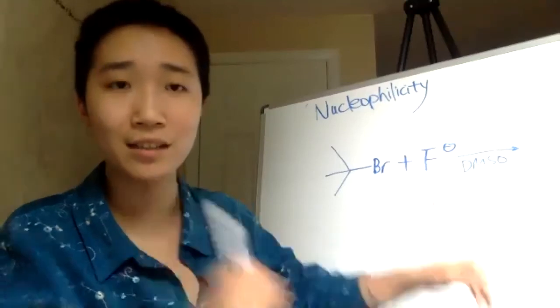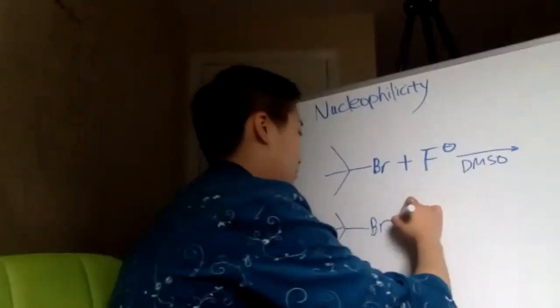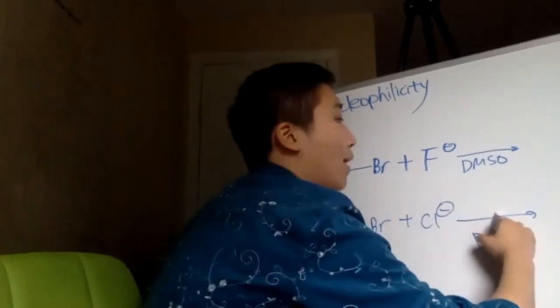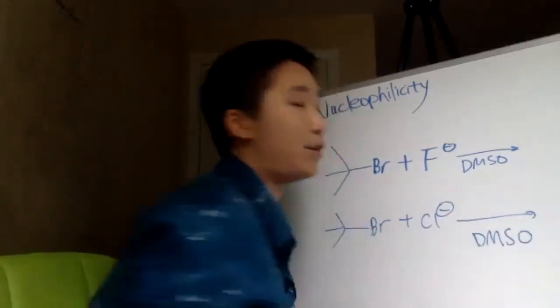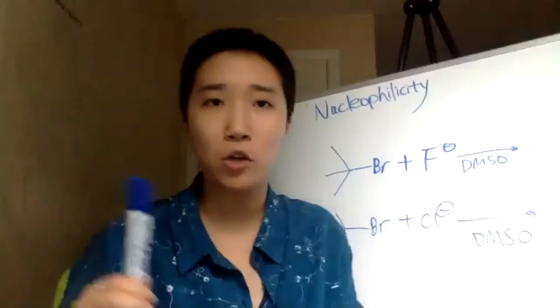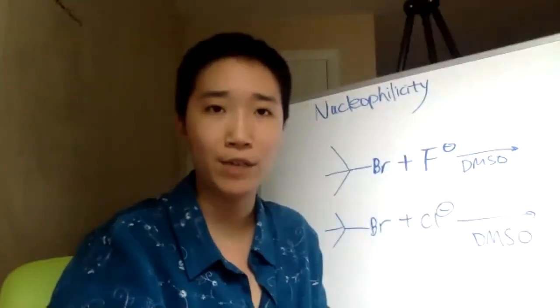Yeah, so let's say that under there you had one that was the exact same, but it was Cl. Oh, I see what you're talking about. You're asking me about the rate of reaction. Yeah, because the faster the rate of reaction, the better the reaction, right? The faster rate of that reaction, so nucleophilicity correlates with rate of reaction.